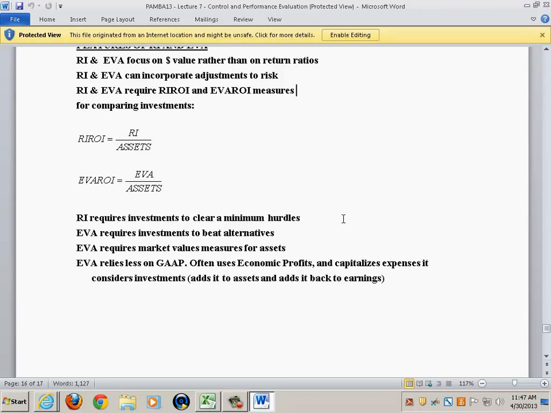Remember, in the weighted average cost of capital, the cost of equity represents the best alternative return to your equity part. Now, EVA usually requires that the measure for the value of the assets will be market values.